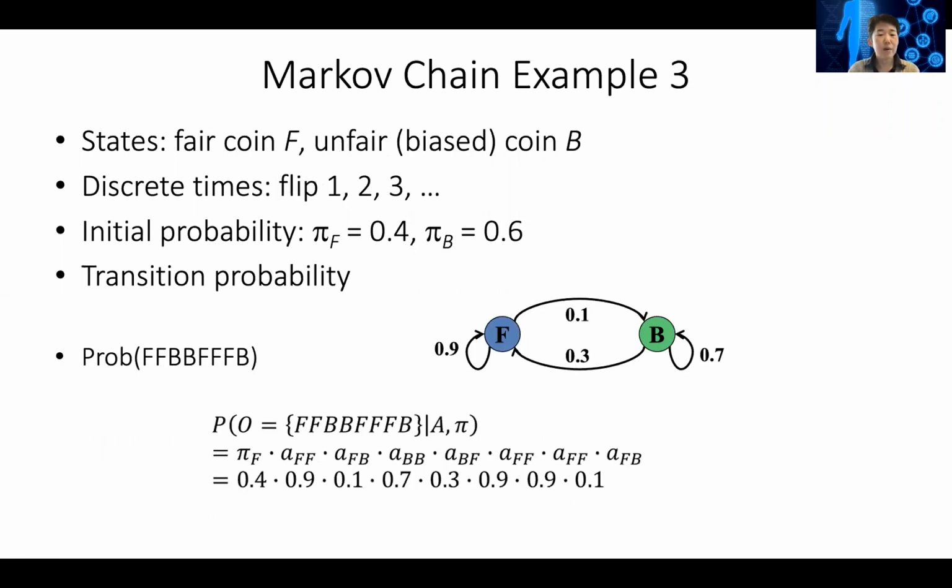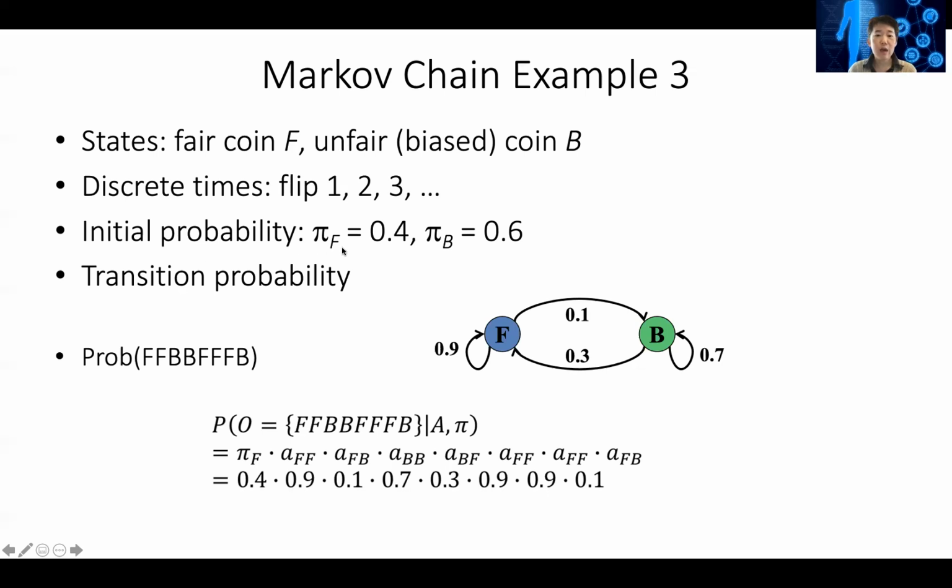And the third example is a case where you flip a coin to decide which coin to pick. Supposedly we have a fair coin, that's one state. Another coin is a biased coin, B. And the discrete times are when you are using a fair coin versus an unfair or biased coin.